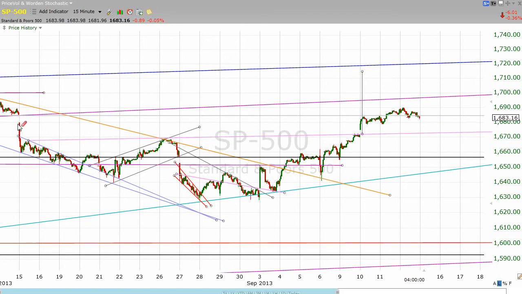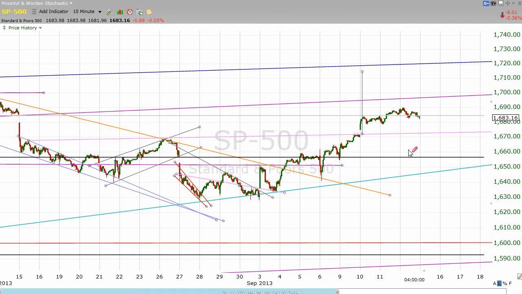We were looking at the possibility of an inverted head and shoulders pattern, and it was a pattern that never finished forming because we never got the right shoulder. Instead, we broke out right away over this neckline, if I can call it that, at about 1672.